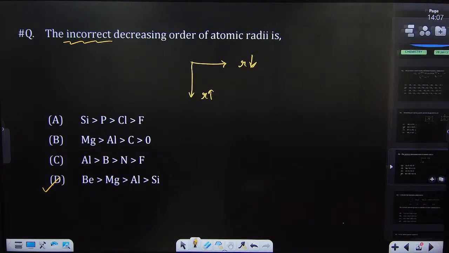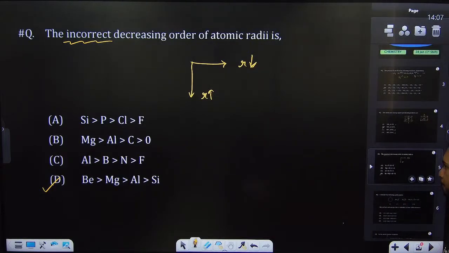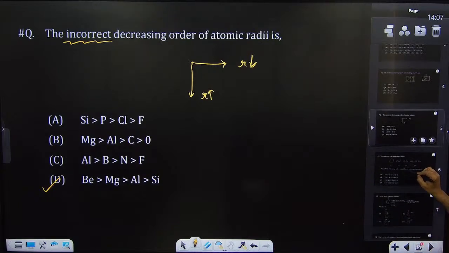Okay, let's take a look at the next question. The next question is from organic chemistry.